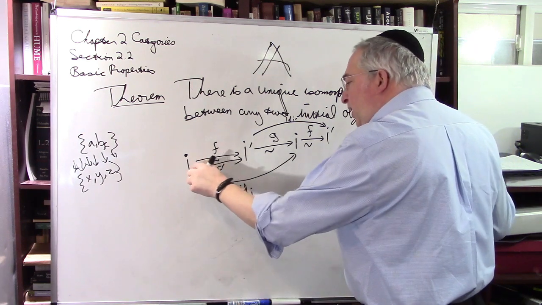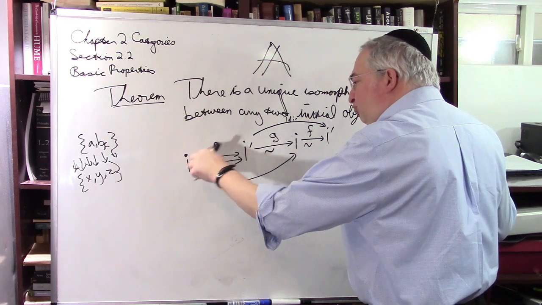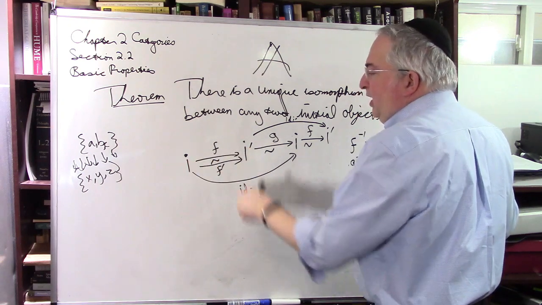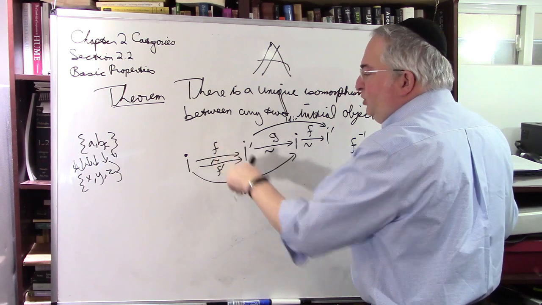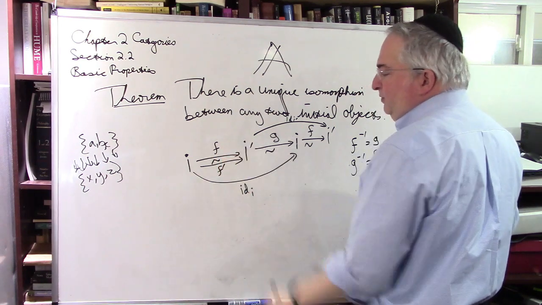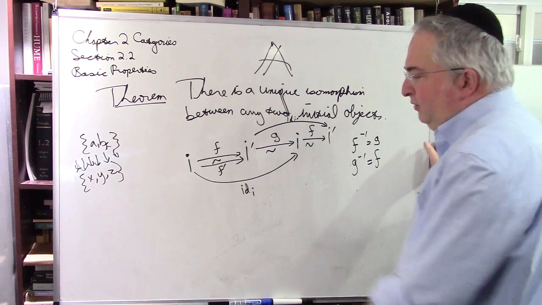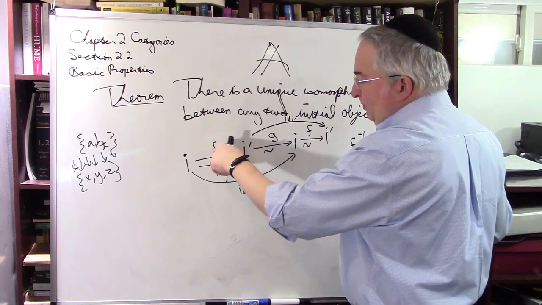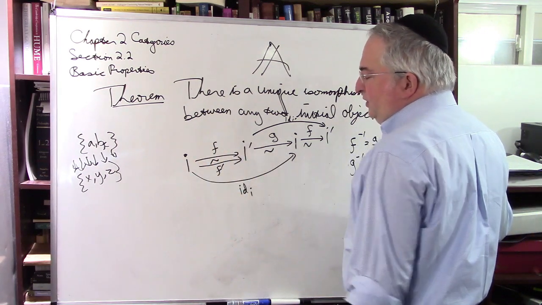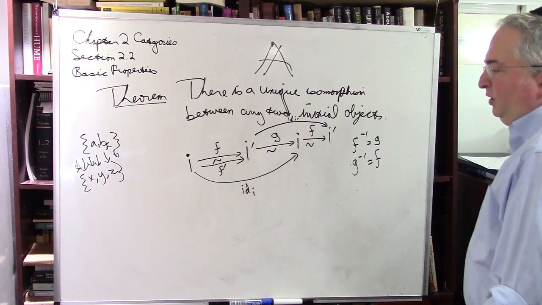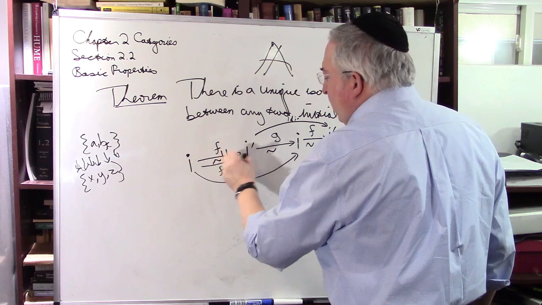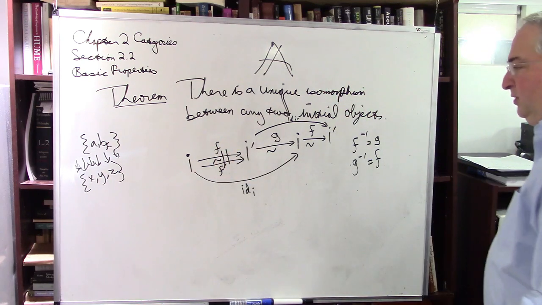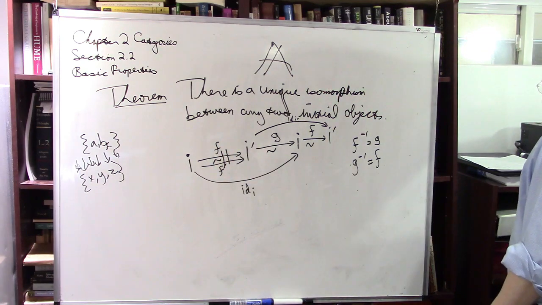Because what is the property of being an initial object? There is a unique morphism from here to here, which means there can't be two isomorphisms between them. There is a unique morphism, in particular, so between any two initial objects there is a unique isomorphism, so they're equal.